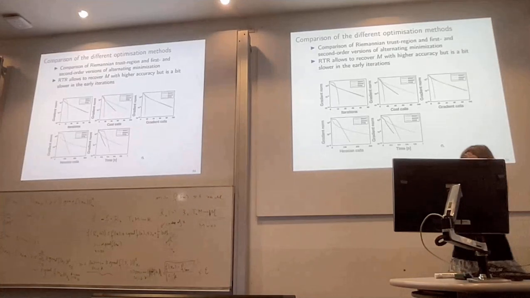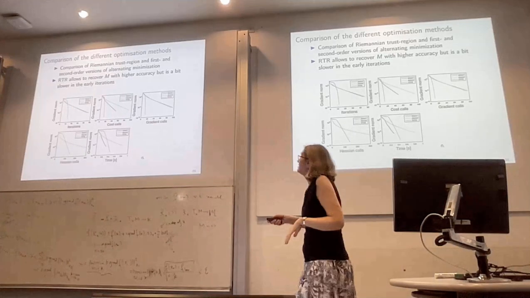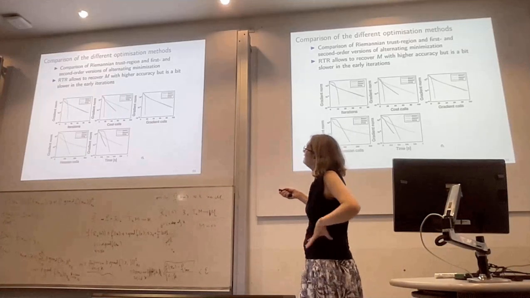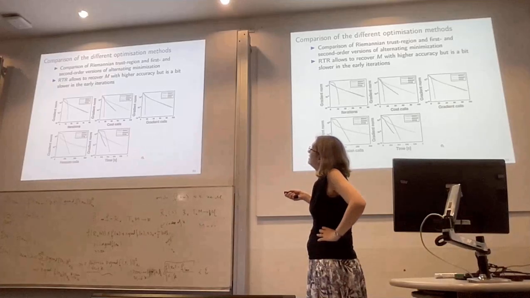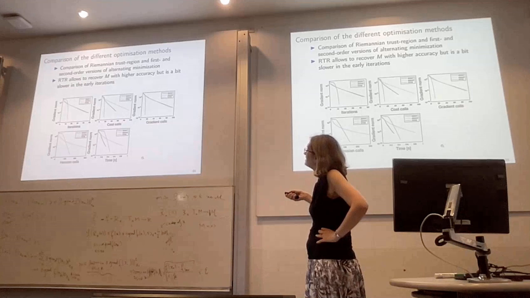So here are some comparisons. In both of these approaches, we use Riemannian optimization. Here we compare on algebraic varieties recovery. Here are iterations versus norm of the gradient in the first plot.